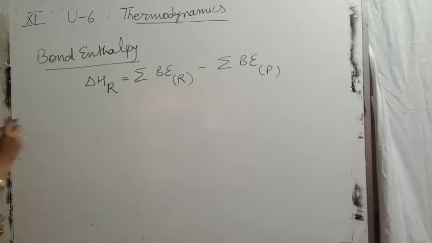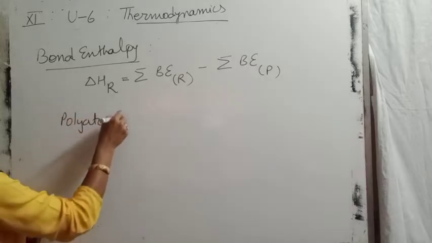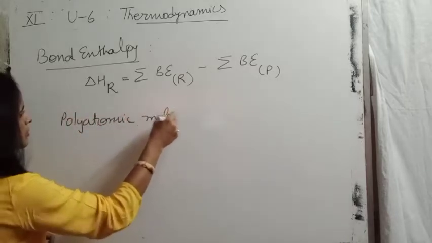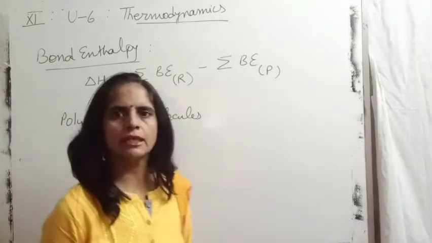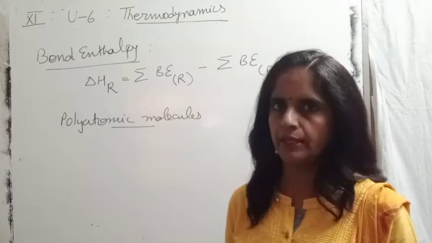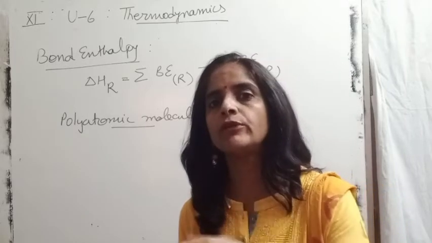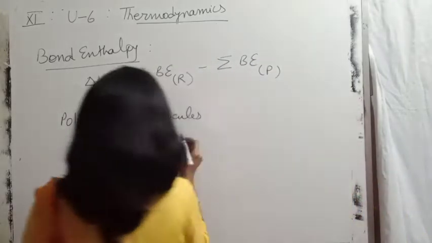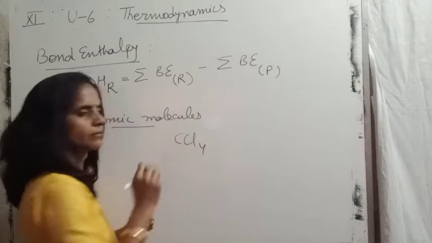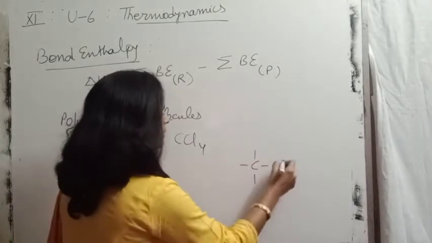And in case of polyatomic molecules, in case of bond enthalpy, we always take the term average bond enthalpy. Now, what do we mean by average bond enthalpy and why do we take it? For example, if I am taking CCl4, carbon is bonded with 4 chlorine atoms.